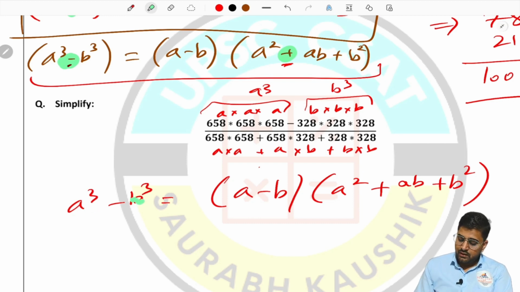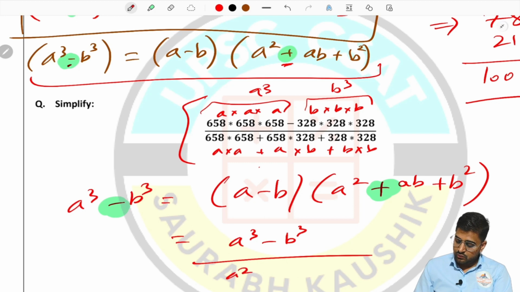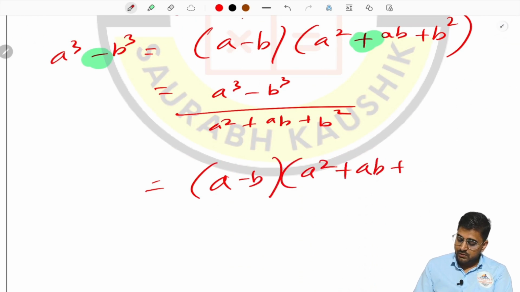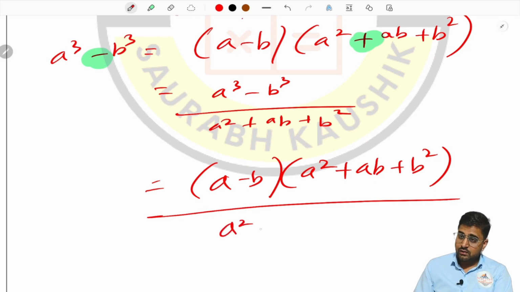In case of a cube minus b cube, you have to remember the signs are important. So when we solve this question, we can write it like a cube minus b cube divided by a square plus ab plus b square, and when you open this, it becomes a minus b, a square plus ab plus b square by a square plus ab plus b square.